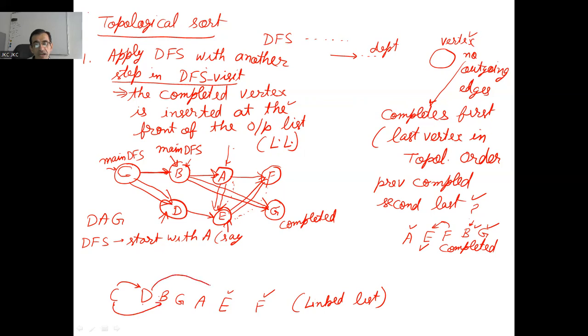From D to E also I have an edge. From E to F also I have an edge. From A to E I have an edge. From G no edge. B to G I have an edge. And you can see all edges are left to right. So this is what topological sorting means.